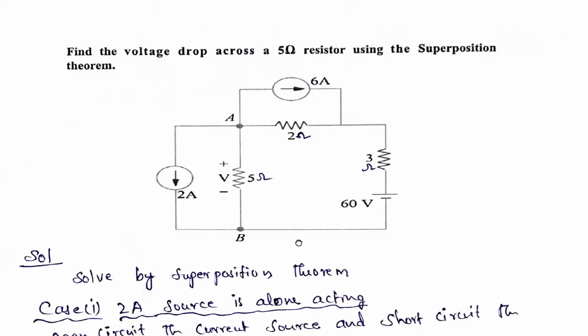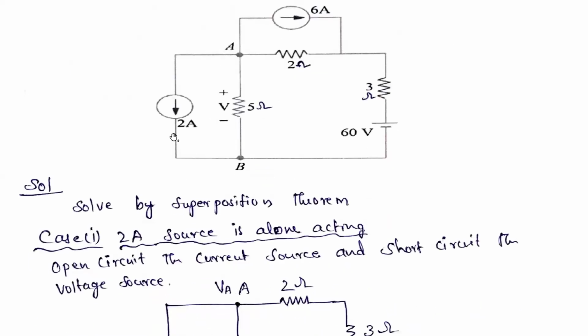First, what is case number one? Here we are considering only the 2 ampere current source alone acting. The superposition theorem procedure steps I will give in the description, you can go through it.